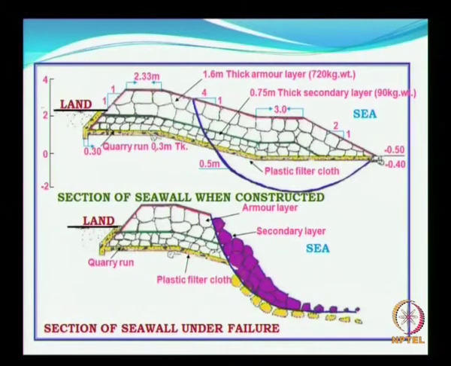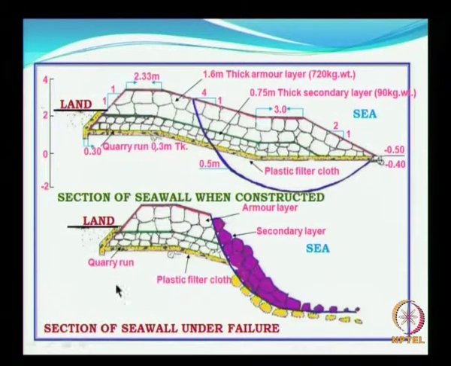Now, this slide shows a typical cross section of a sea wall which was used earlier along the Tamil Nadu coast, wherein you see that you have a small berm of about 3 meters, and a top crest width of about 2.3 meters, and some of the levels are indicated. These are all again site specific.